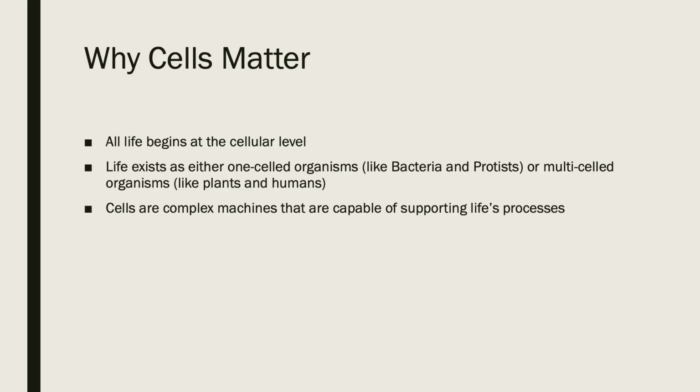So things like bacteria and protists are one-celled life forms, very tiny, all the way up to huge multi-celled life forms like plants and animals, and also us. Think of a cell as a complex machine that is capable of supporting life processes. So very intricately designed, and we will explore some of those complexities throughout the semester, and we'll start that here in chapter 4.